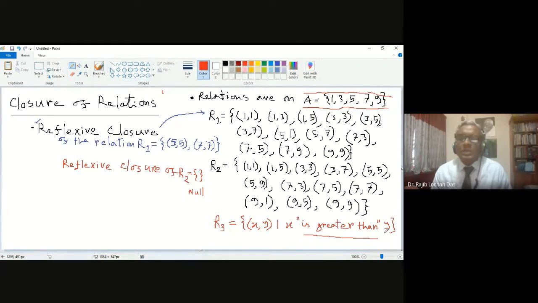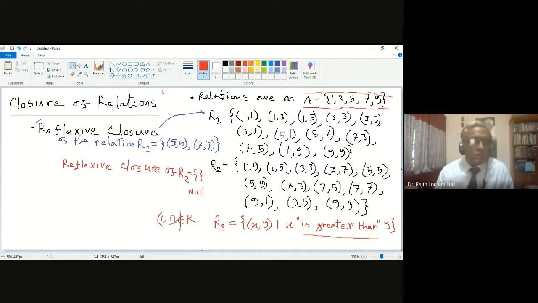That is not correct. 1 is not greater than 1, so 1 is not a member. So it is not reflexive, right? The reflexive closure will be everyone. So how can you say what the reflexive closure is?